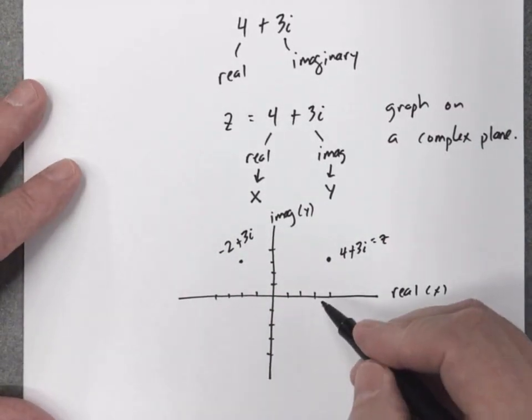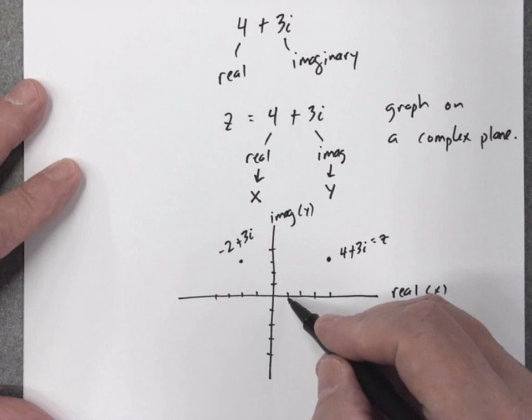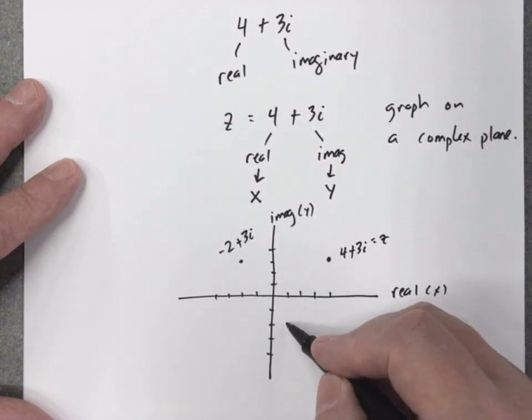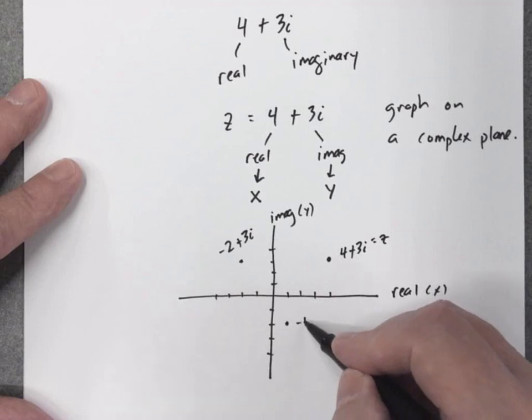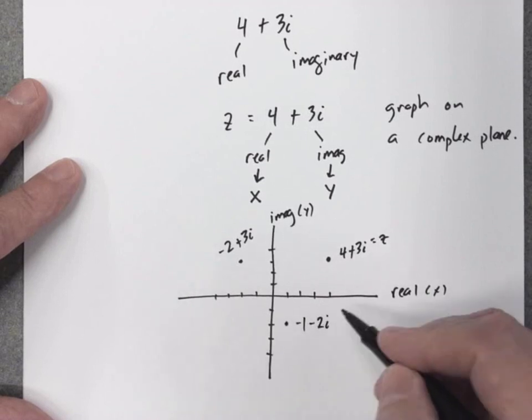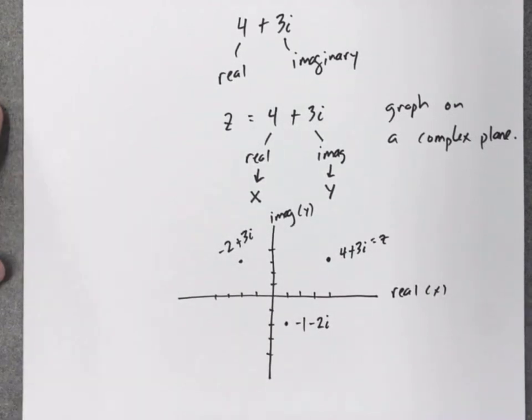How about -1 -2i? All right. Not too difficult, right? Just the real part, it's like your x variable, the imaginary part's like your y variable.